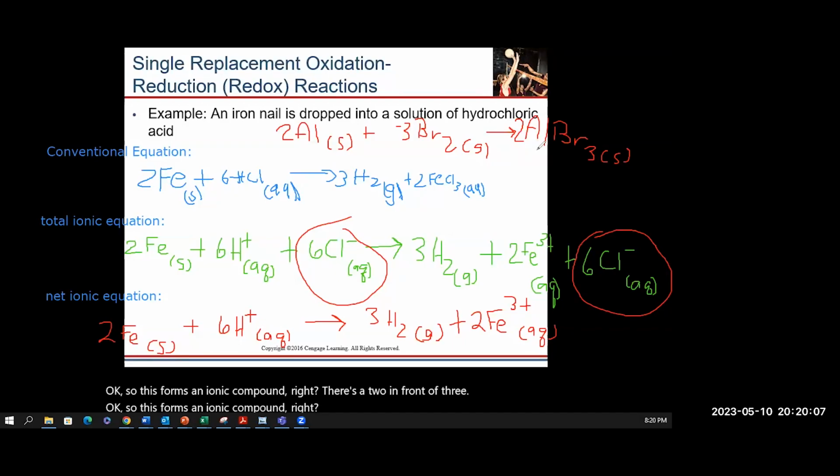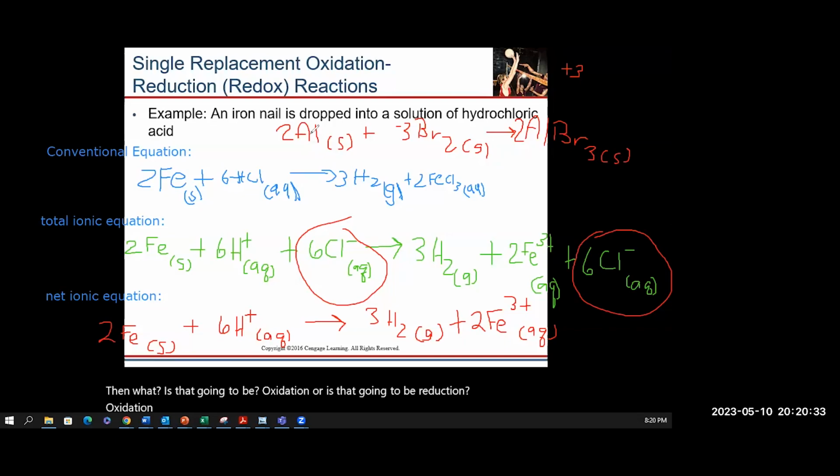So if it forms an ionic compound, what's going to be the charge on the Al? Three? It's going to be a +3 charge, right? So if you're going from a 0 to a +3, is that going to be oxidation or reduction?